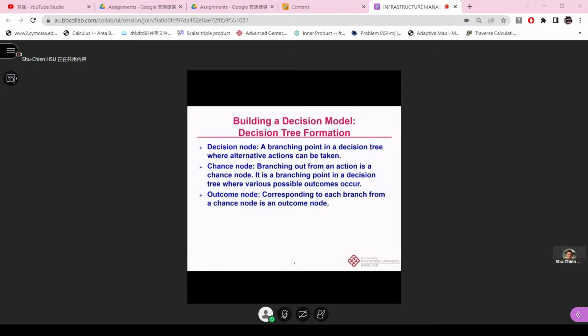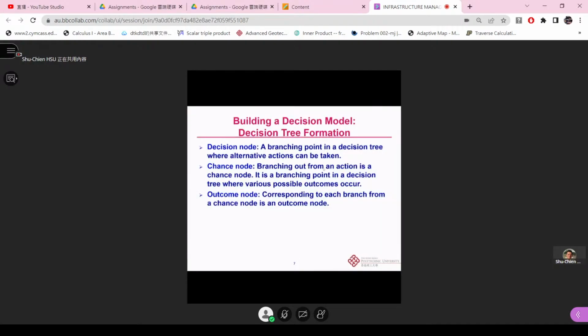The outcome node corresponds to each branch from a chance node. Based on the different chances, the contractor can win certain amounts of money, depending on the different possibilities.